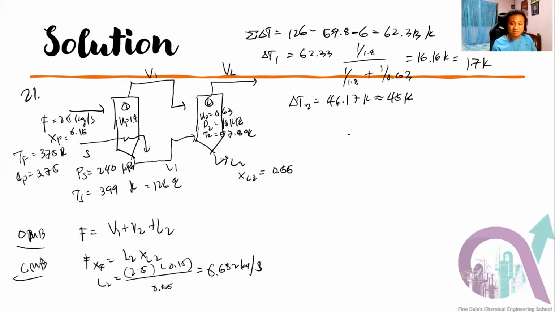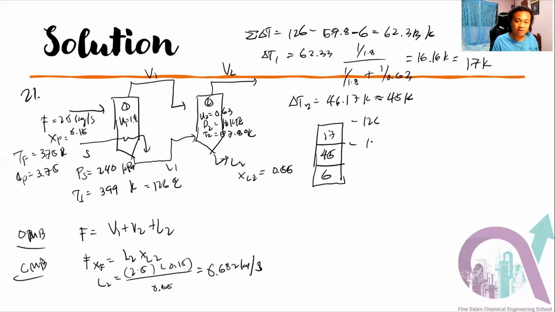Yeah, so let's draw the temperature profile. Maybe he made this so that the scaling will be easy. So we have 45 here, and then we have 6. This is 126, the temperature of the steam.